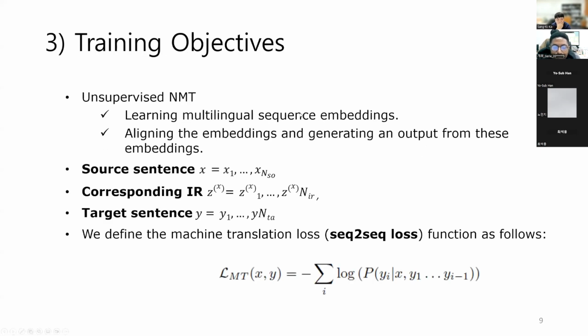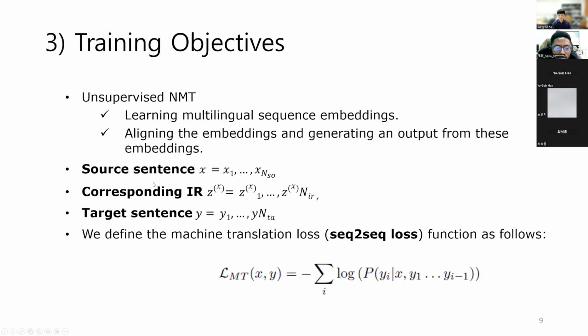This paper uses unsupervised neural machine translation. In unsupervised NMT, we use two main objectives: we learn multilingual sequence embeddings, then align them. So the same functionality of different programming language tokens will be aligned at the same location when we visualize it.